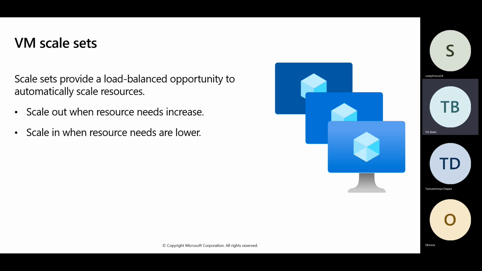So if you duplicated the VM, you will normally need to configure an additional service to route the request, which I talked about, which is the load balancer, to be able to say, route traffic from 10 scientists to server 1, route traffic from the next 10 scientists to server 2, and so on and so forth. That's majorly what virtual machine scale sets are used for, to increase the load and to decrease the load automatically or at a schedule.